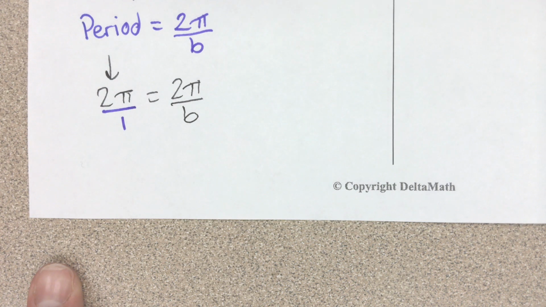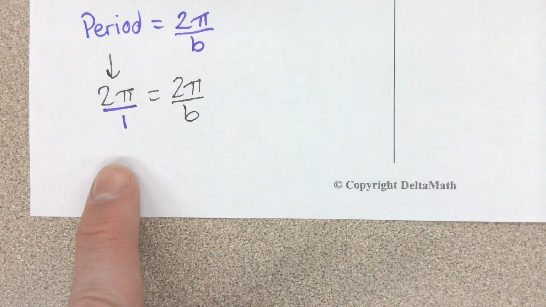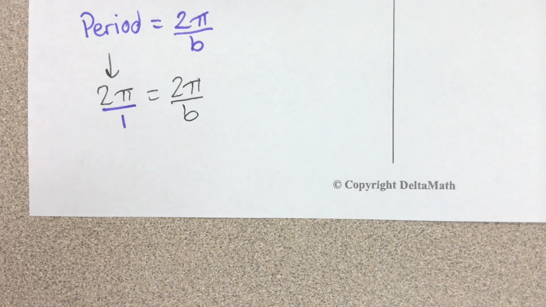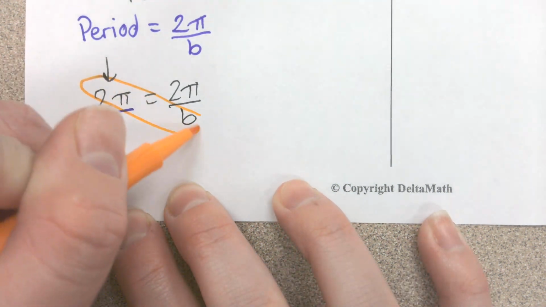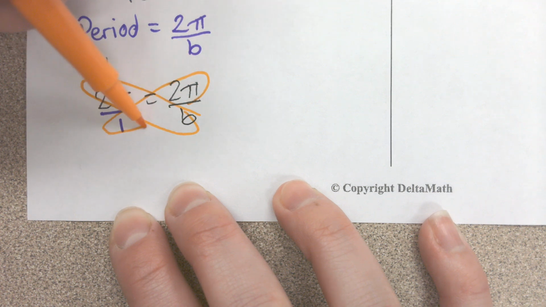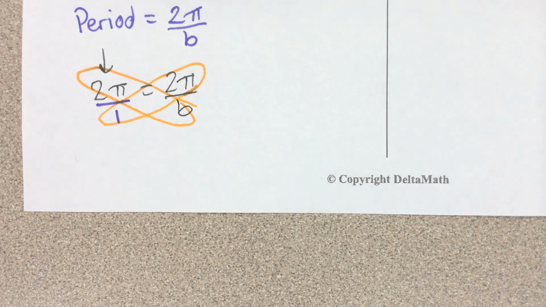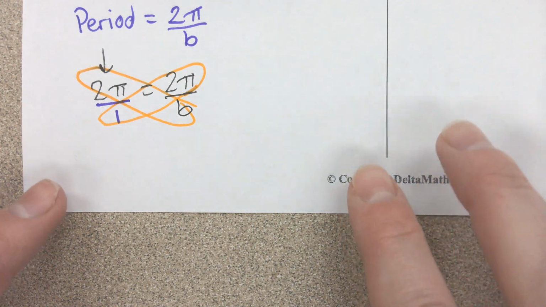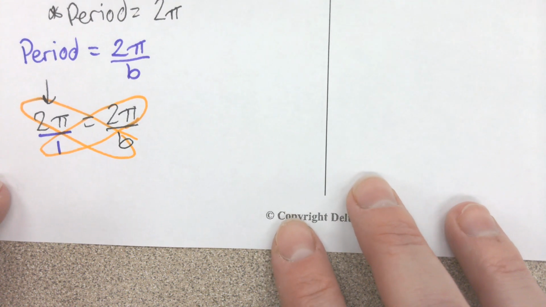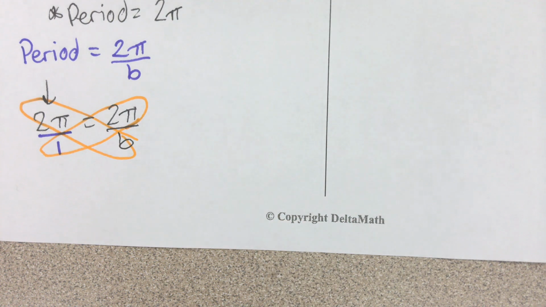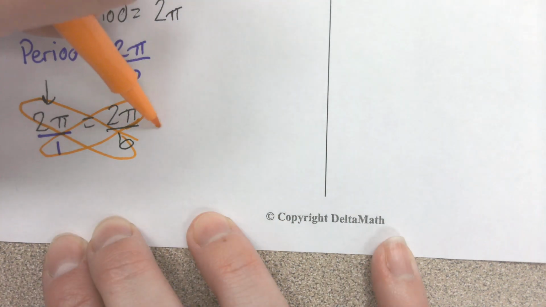Those of you who already see where this is going, yes, B is going to be 1. This would be a very easy case to notice, but just to show you how the work is going to go, I'm going to work it out. Cross multiplying. Make sure when you do this, you actually get an equation when you're done.